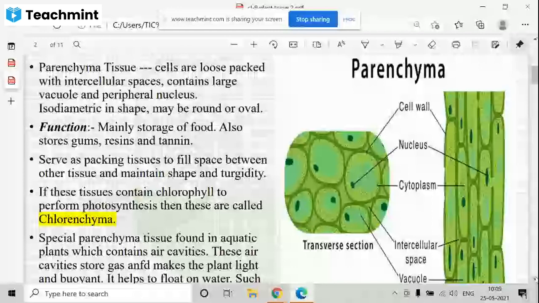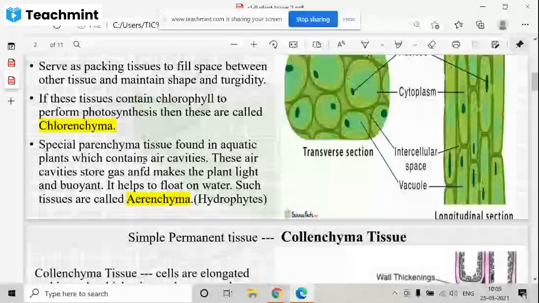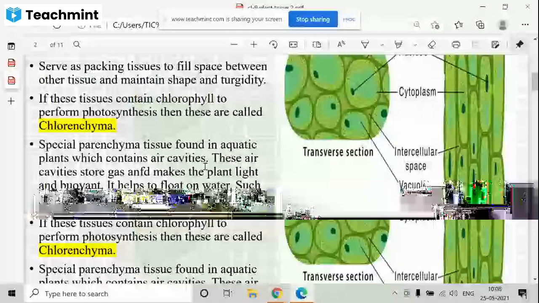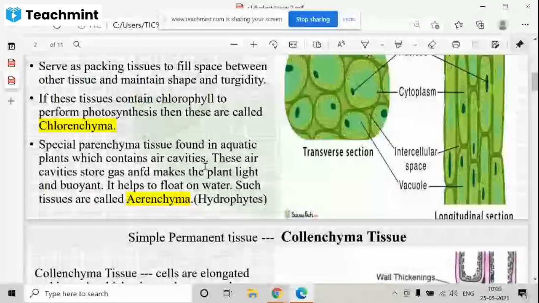Next, a special type of parenchyma tissue is found in aquatic plants, which contains air cavities. You can see some plants, water hyacinth, azolla, they float on the water. In school, there is a big lake, isn't there? In that lake, you will see that some plants float. It is because of the parenchyma tissues.